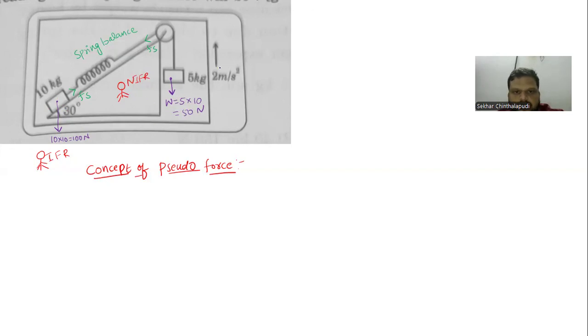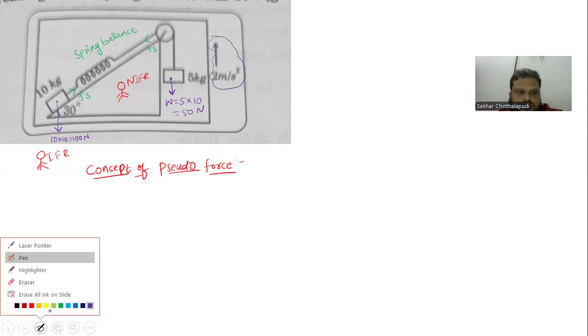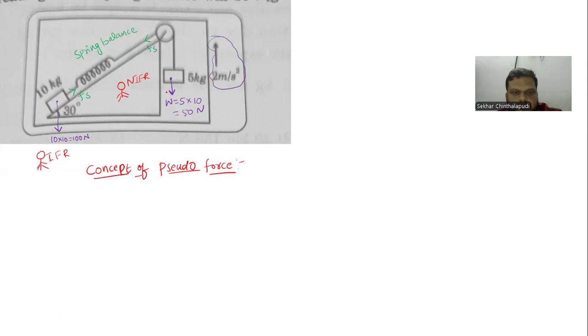The entire system is moving in the upward direction, so we have to apply the pseudo force in the opposite direction. This is moving upwards, and we have to apply it on this mass. So our pseudo force will become 5 into 2, downwards, which is 10 newtons.